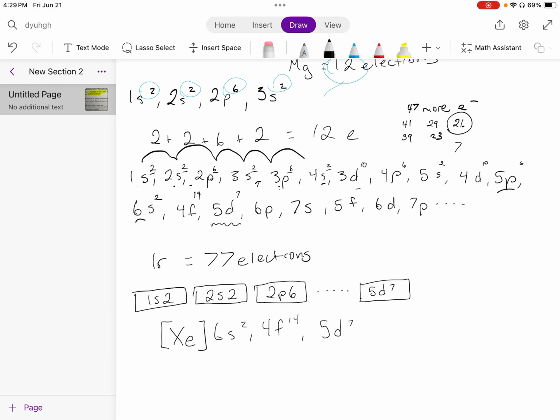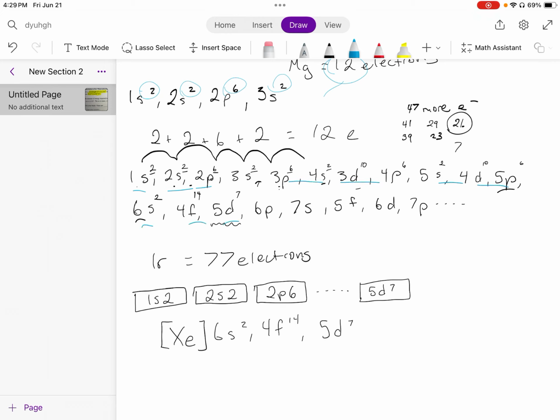Sorry, I'm just going to type all of this out, but your answers don't use exponents, they just want you to put 1s2 like that.